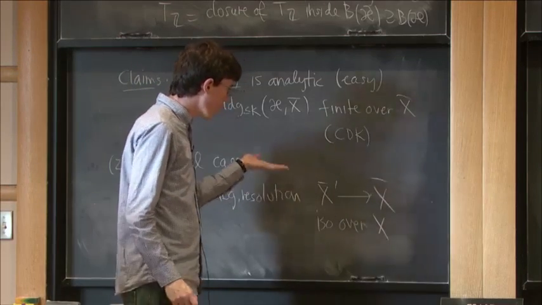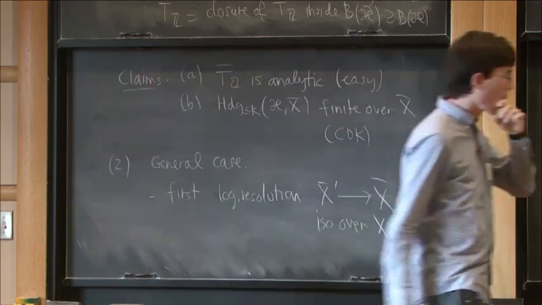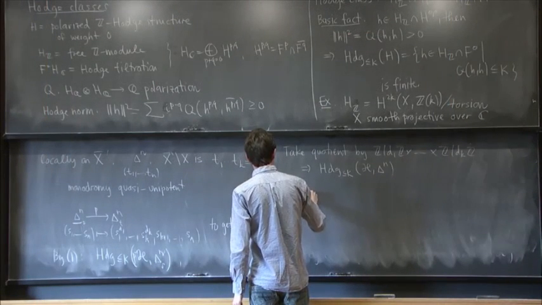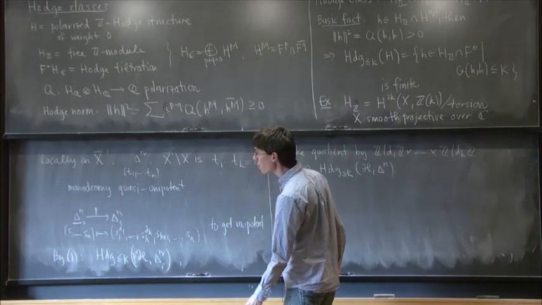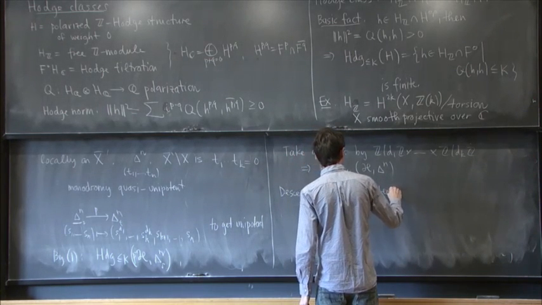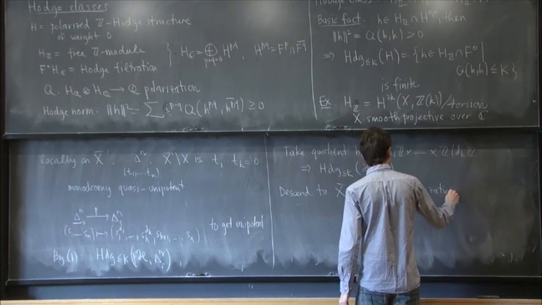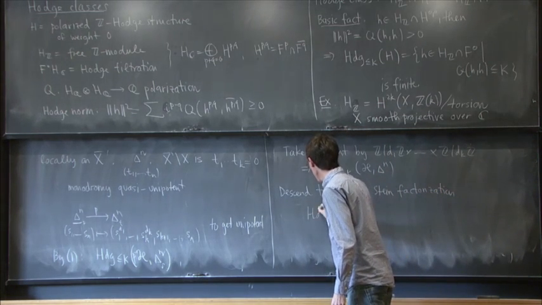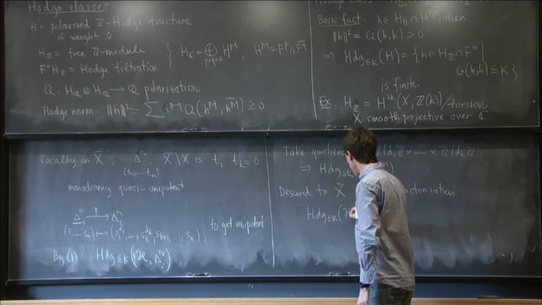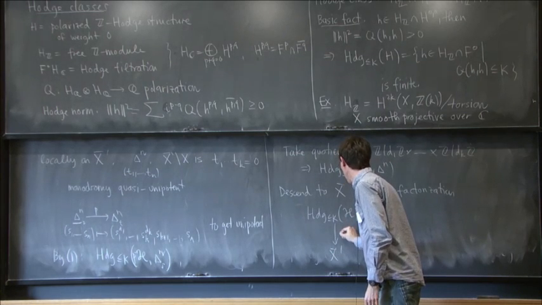And again, because everything is proper, I know I can do that by just taking Stein factorization. So then what you do is you descend to X bar by Stein factorization. So in other words, you have this mapping here, which is finite.